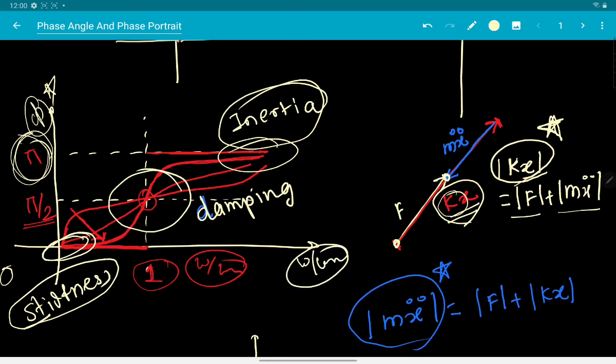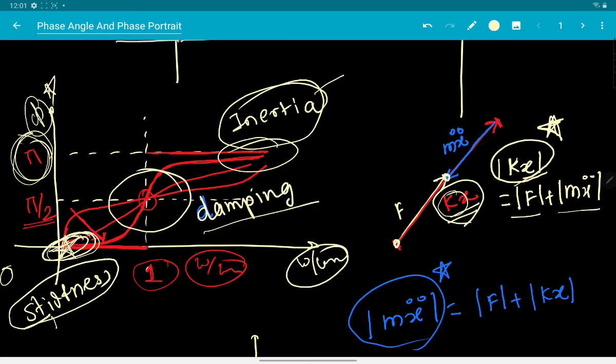We have seen that we can categorize the system's behavior into three domains: stiffness dominated, inertia dominated, and damping dominated. When the omega by omega n ratio is very small, the system's behavior is stiffness dominated.